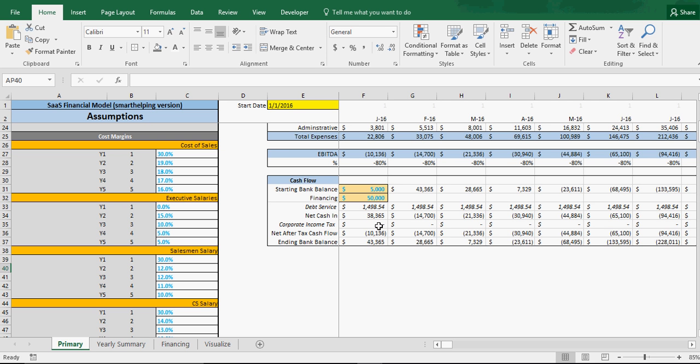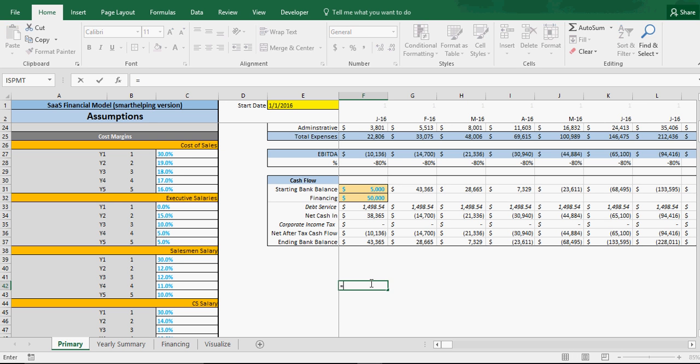You have no corporate tax because you've lost money. So that goes against what you financed and what you have in the bank starting. So say you had $5,000 in the bank, finance 50, so you got 55. You're minusing that from the 10,000 to get 43.